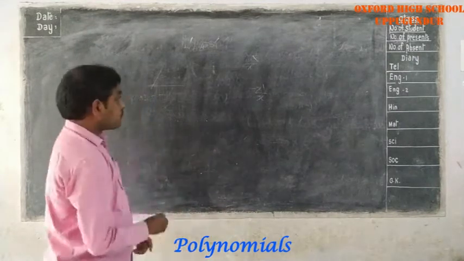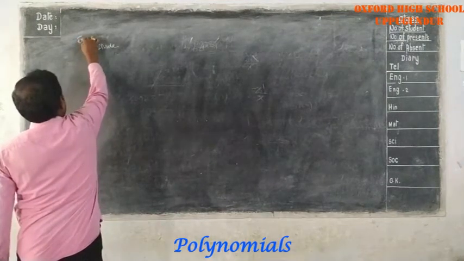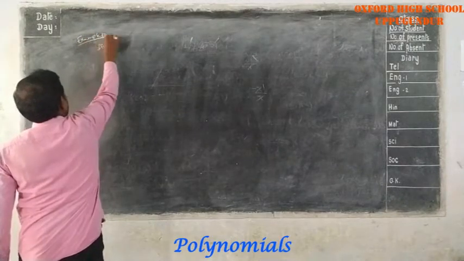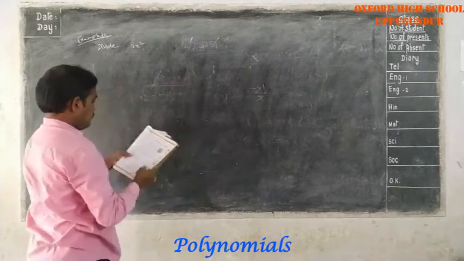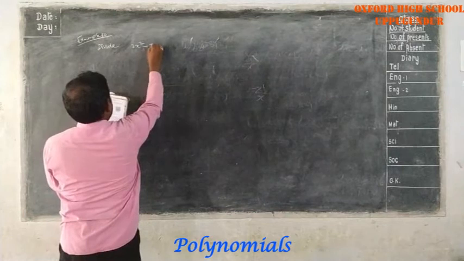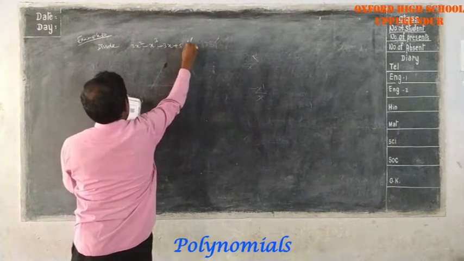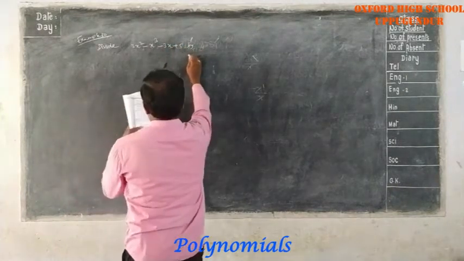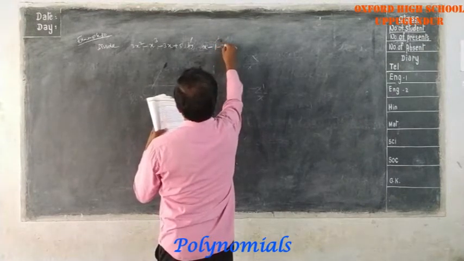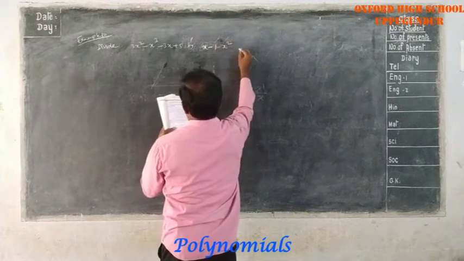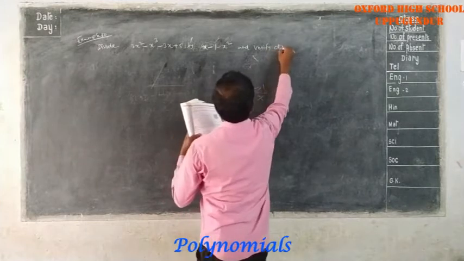Divide 3x square minus x cube minus 3x plus 5 by x minus 1 minus x square, and verify the division algorithm.